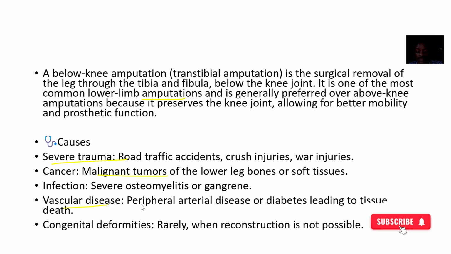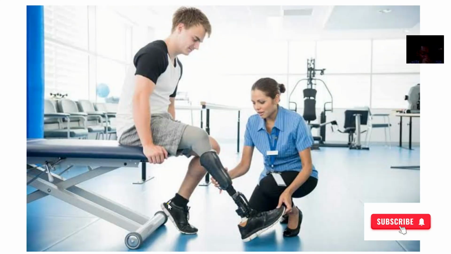So vascular disease, that's like, you have all this peripheral artery disease or diabetes. It leads to a lot of tissue death. Sometimes you have some congenital malformations where you basically just have to cut the leg so that you can basically put a prosthesis which will be much better and more presentable.